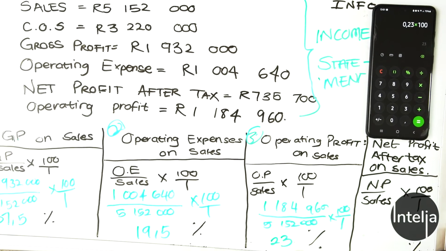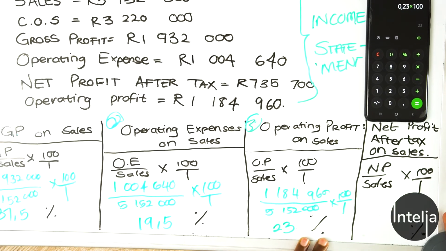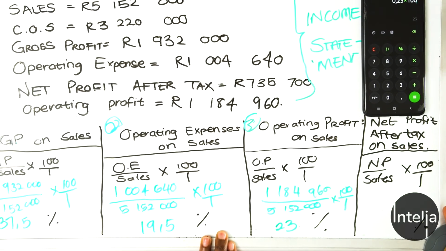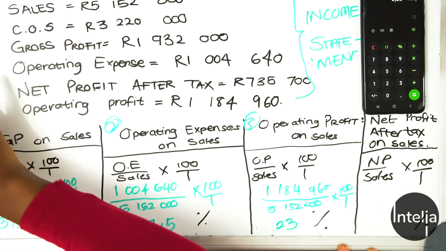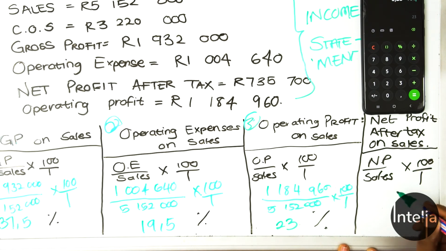Then lastly, we look into our net profit after tax, and our net profit value was 735,700 divided by sales, which is 5,152,000, multiplied by 100 over 1.